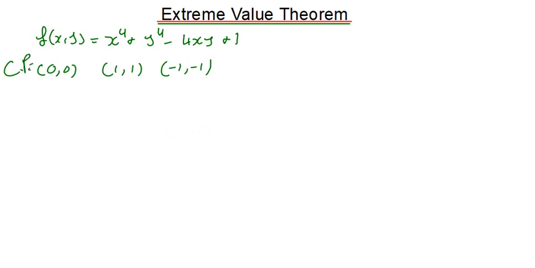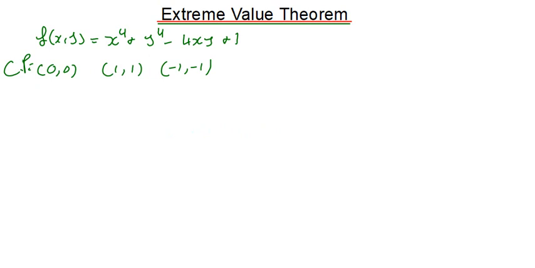So now we have to remember this is the point where we have to utilize the second partial test. Okay, so the first thing that I'd want to do is find the second partial derivative.